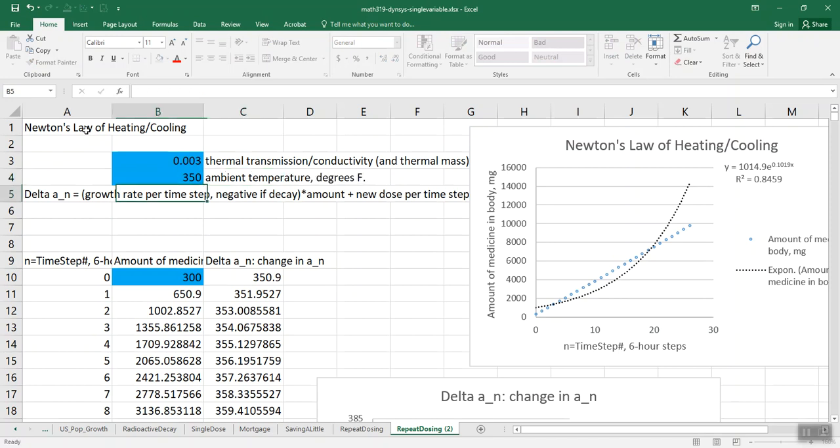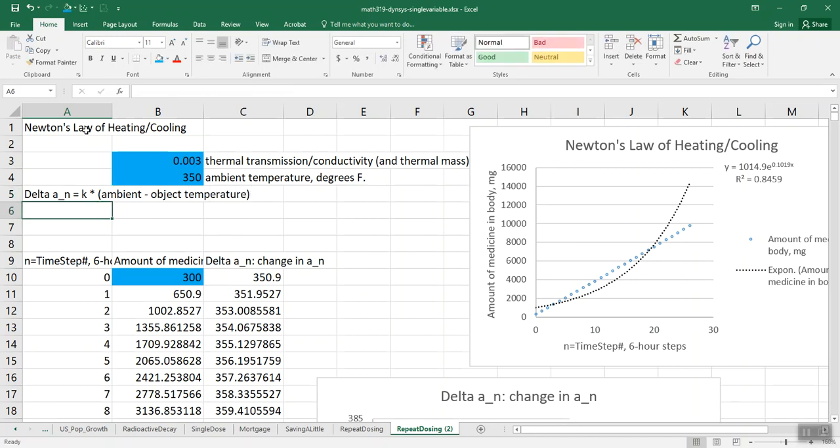in degrees Fahrenheit. And our delta formula has a little bit of a different form now. It's K times ambient minus object temperature. And that value is what we call K. We're doing this in 1 minute steps.